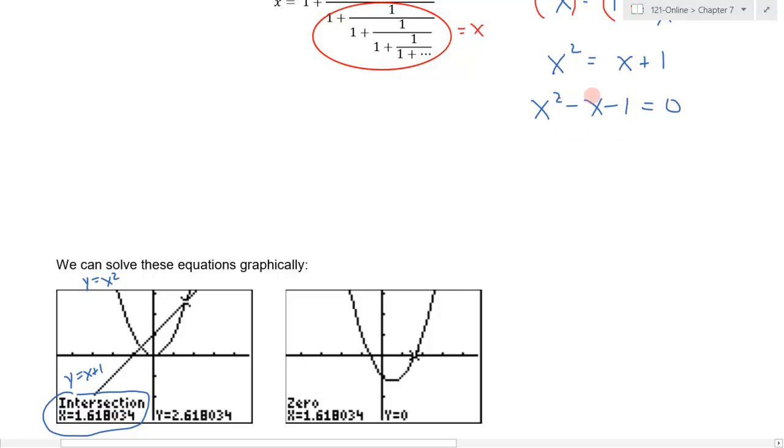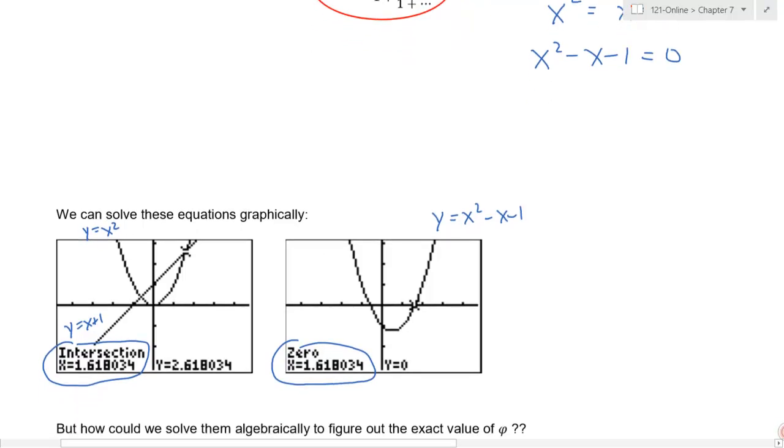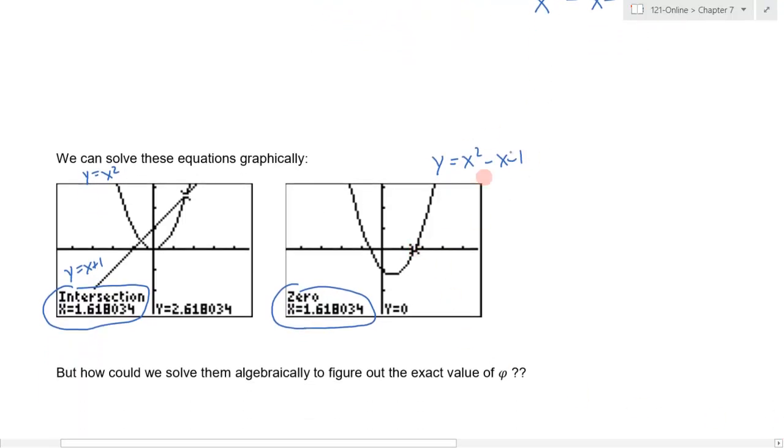Or if I were to bring everything over on this side and graph y equals x squared minus x minus 1, I can find that zero, and that zero right there is 1.618. All right. But still, it'd be interesting to know how I could solve that equation algebraically to get the exact value. And that's what we're going to be looking at going ahead. We're trying to solve every quadratic equation, not just the ones that can be factored. All right. So I hope you find that interesting. We'll see you next time.